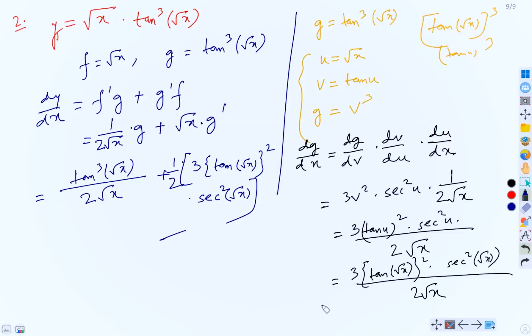Let's do one more problem. Let's say y equals sin x upon secant 3x plus 1. Okay. So what is our dy dx? Let this one be f, this one be g.